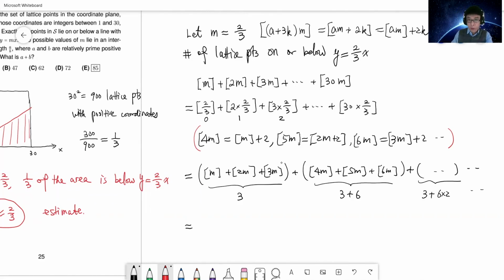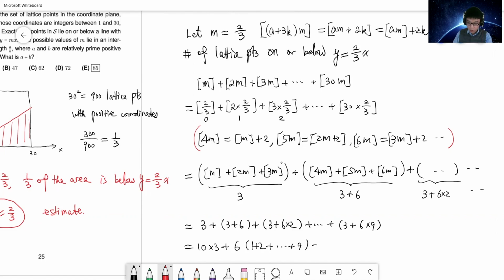The total number of lattice points is 3 plus (3 plus 6) plus (3 plus 6 times 2), up to 3 plus 6 times 9. Totally, we have 10 groups. So we have 10 times 3 plus 6 times (1 plus 2 up to 9). This is 30 plus 6 times 45.